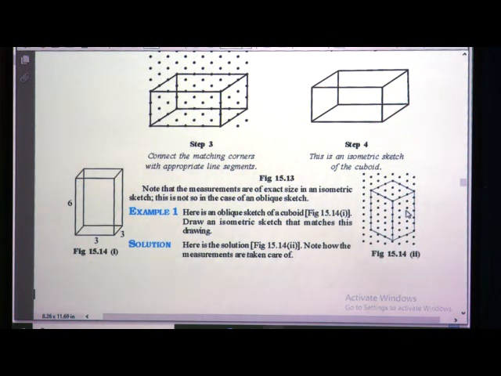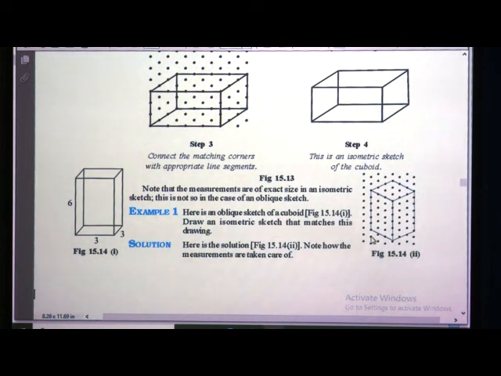Suppose they are equal, then it is nothing but a cube. So, if you get the length, breadth and height measures, just join the number of dots and you can find out the solid cuboid, cube, etc.